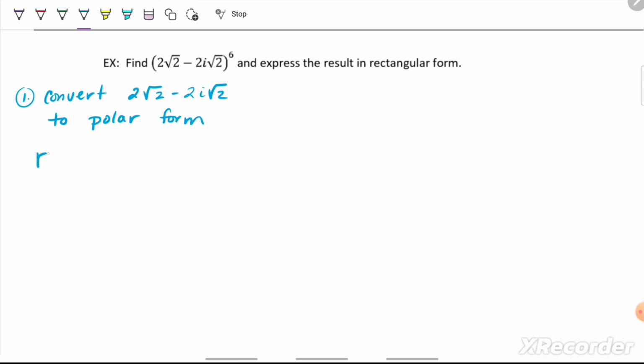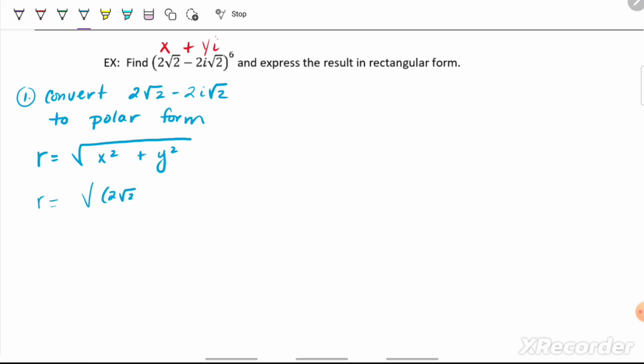We'll find the r value using the fact that r is equal to the square root of x squared plus y squared. Remember, our complex number is x plus yi. So we'll have r equals the square root of 2 square root of 2 squared plus negative 2 square root of 2 squared.